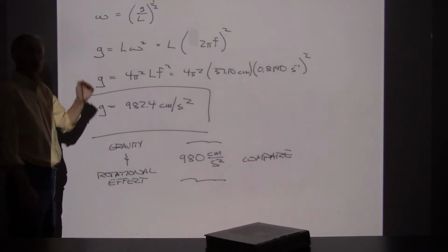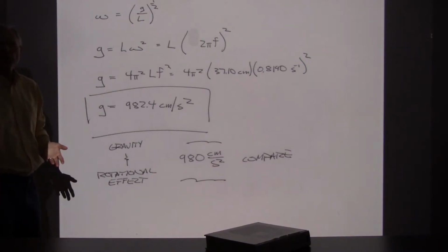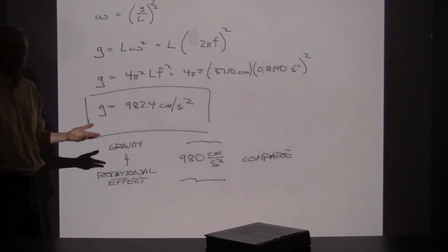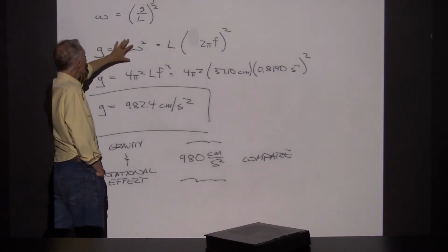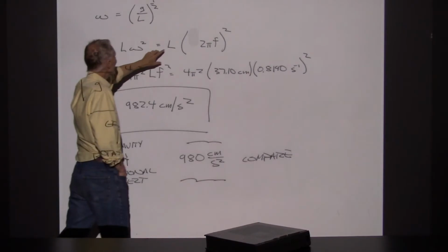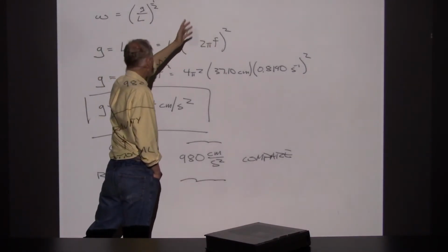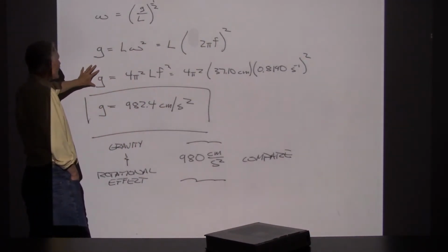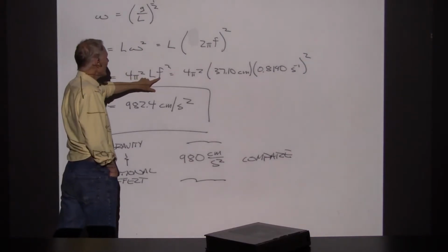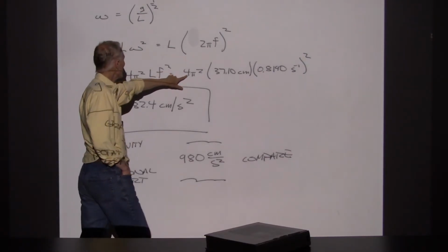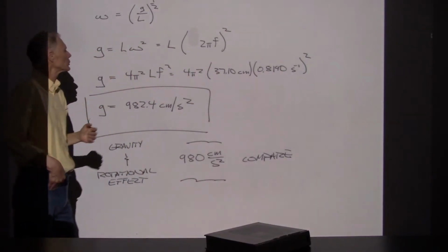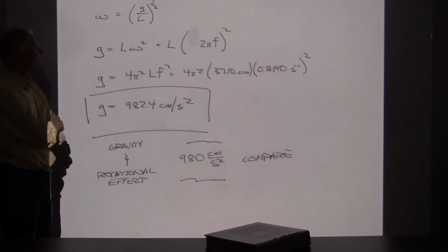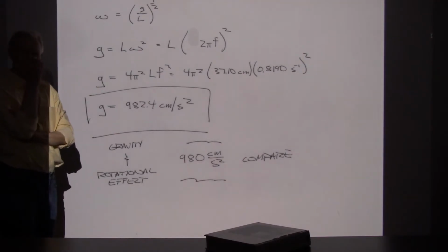So this geologist took a pendulum device along on the trip, and g is equal to L times omega squared. That gives us L times (2 pi f) squared. So the g value is 4 pi squared L f squared. The length, they told us, was very precisely measured to 37.10 centimeters.